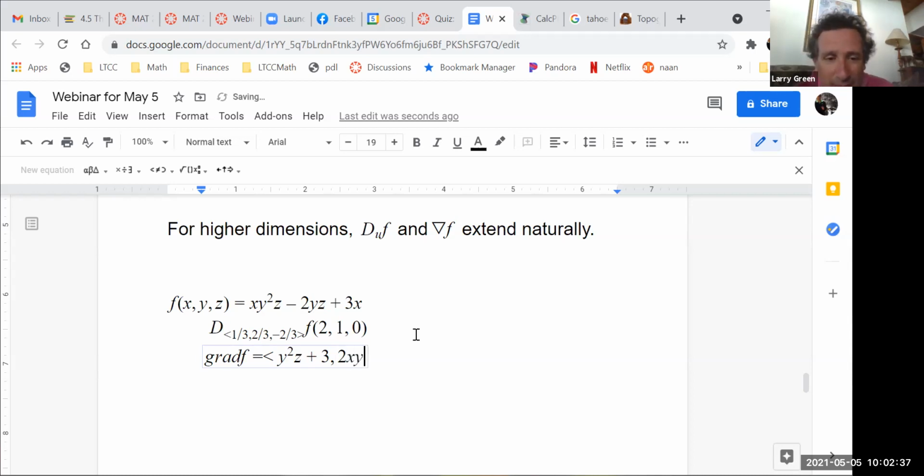Yep, 2xyz minus 2z. And what's the third component? Hopefully you can get it. Partial with respect to z is going to be x y squared, and then a minus 2y, because minus 2yz becomes minus 2y. Any questions so far?